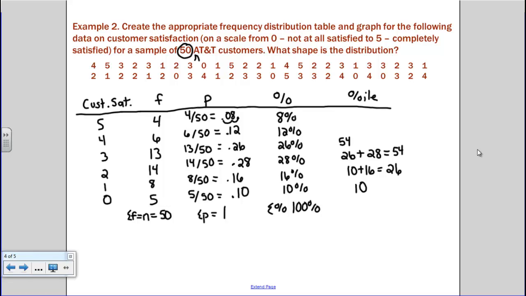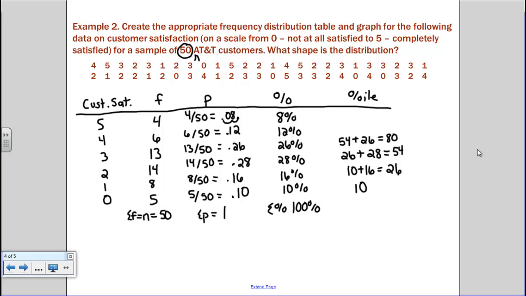Now I'm interested in a value of 3. The percentage of people with a value of 3 is 26, and 54 plus 26 gives you 80. So somebody who rated themselves as a 3 for customer satisfaction is at the 80th percentile, meaning that 80% of the sample rated themselves as a 3 or lower on satisfaction.